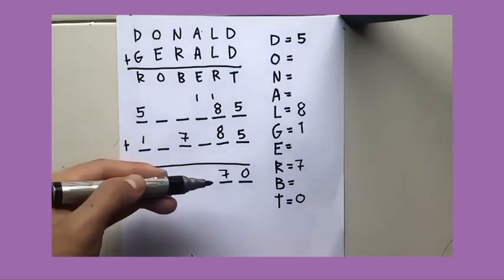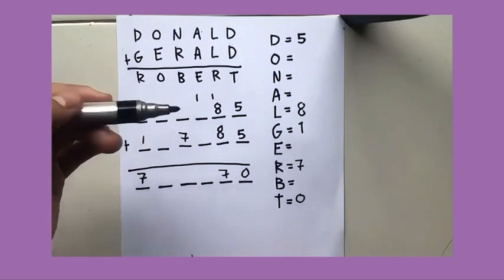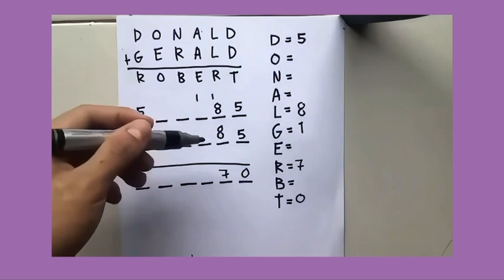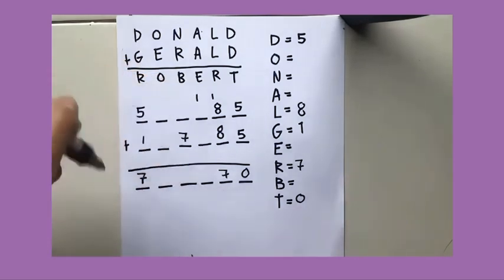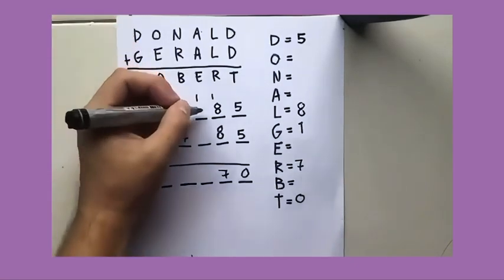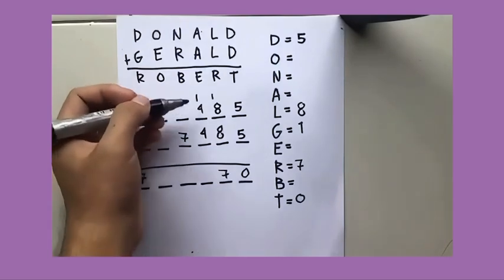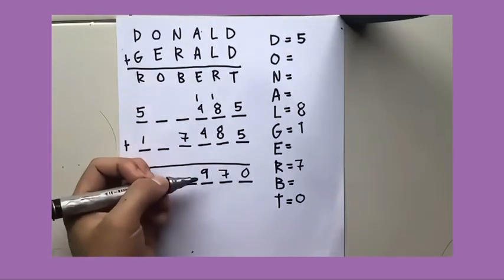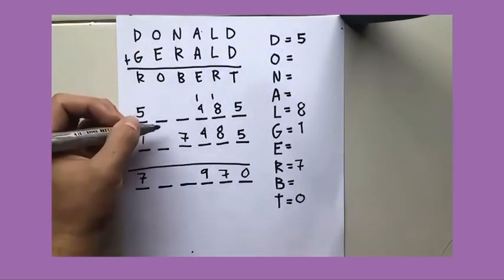So it cannot be 5. So let's try 4. So 4 plus 4, that is 8, plus 1, that is 9. We don't have 9 yet, so A can be 4. So 4 plus 4 is 8, plus 1 is 9. So 9 is E. We can substitute here because there's also E here, that this is 9.